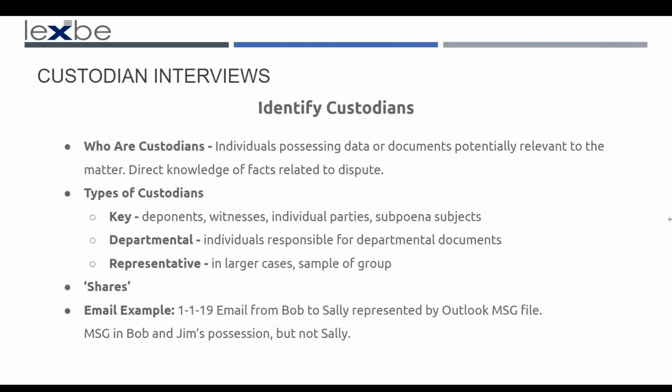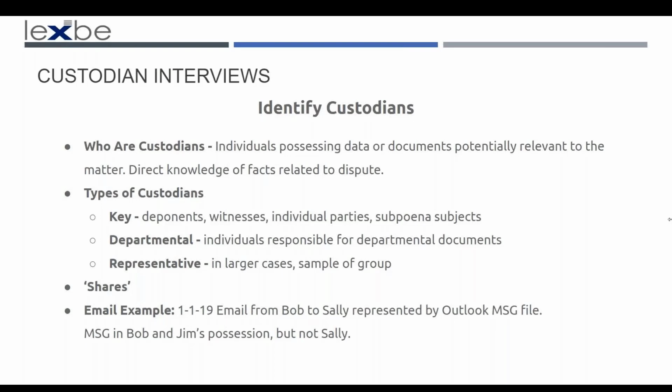This MSG was in Bob's possession, as you'd expect, and also Jim's, who wasn't a part of the email, but not Sally's. So you have an email going from Bob to Sally. Bob has it, Sally doesn't anymore, and Jim does.